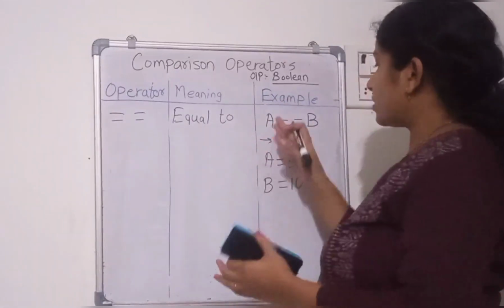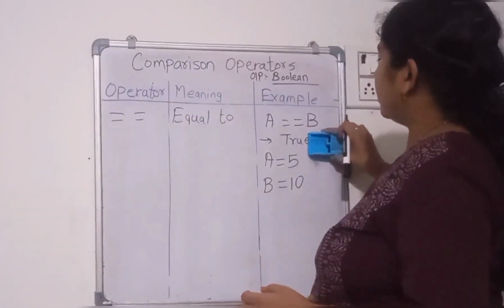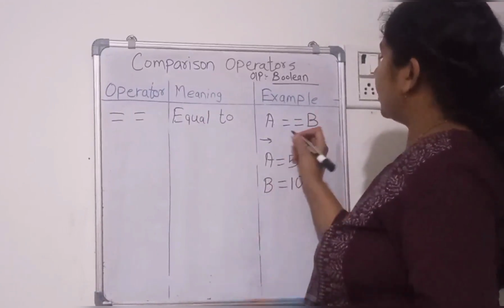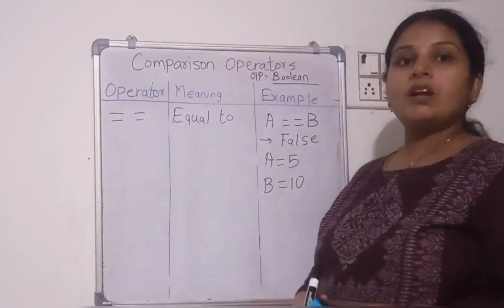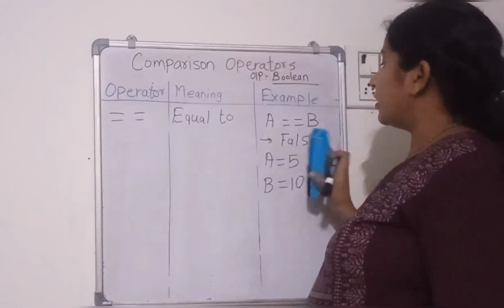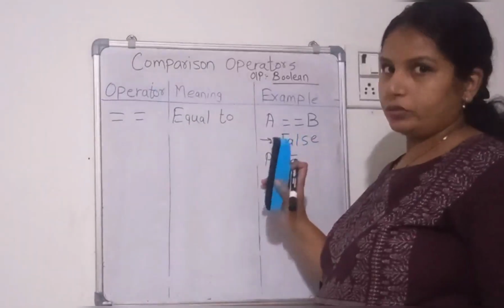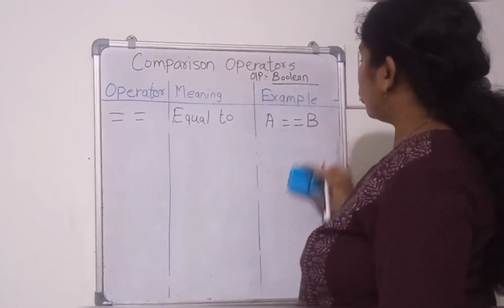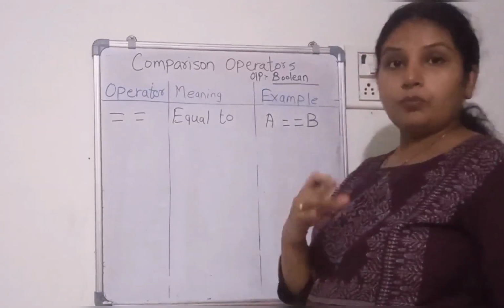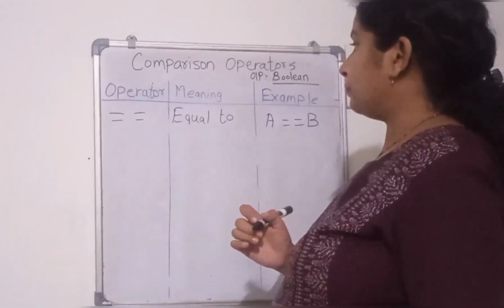No, because A is 5, B is 10. So in this case your output is false. Whenever you are using a comparison operator, you are getting the output in true and false only. So this is our first operator, equal to, when we are checking whether both values are equal or not.